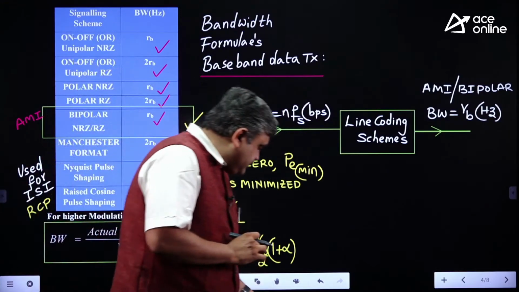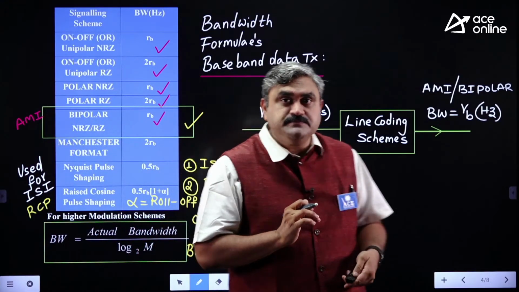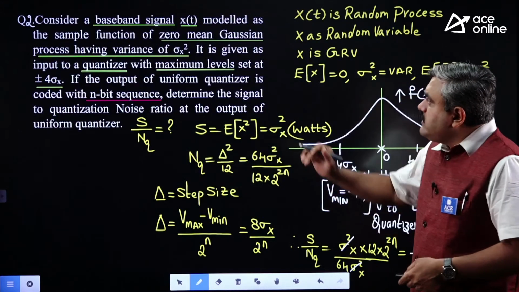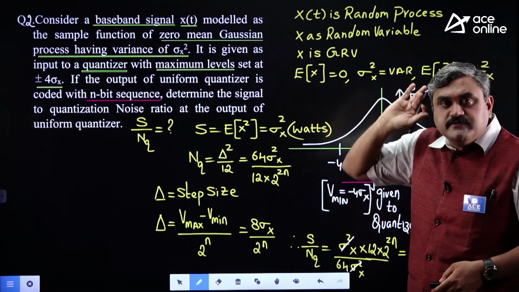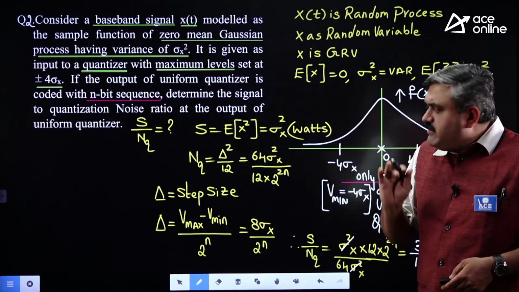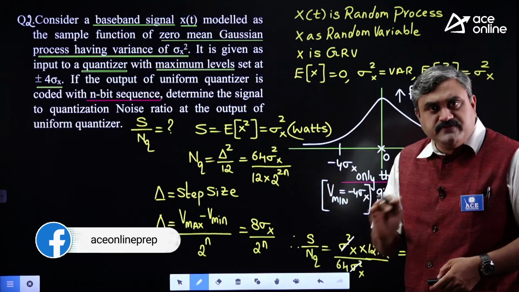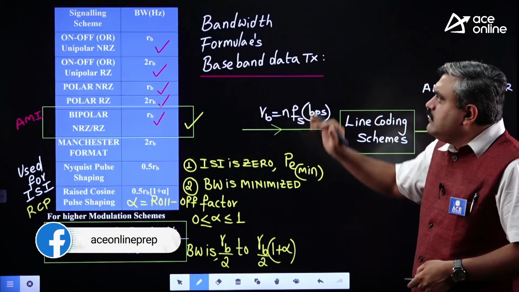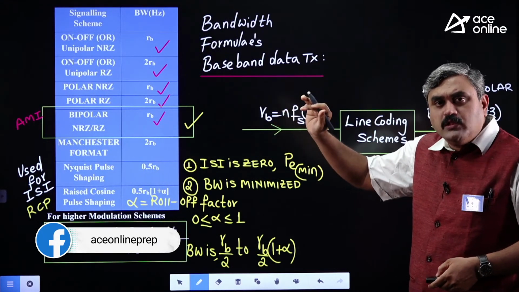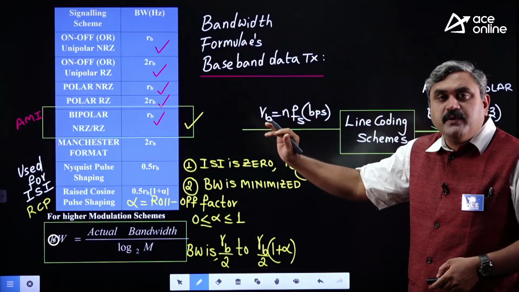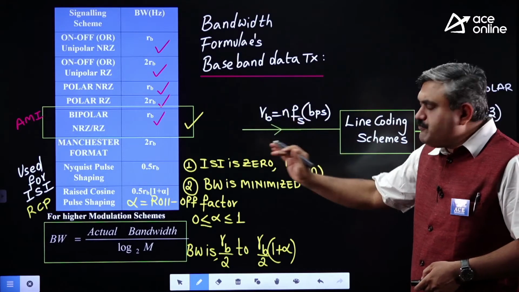So I have discussed just the formula with all these points. We got a problem related with baseband data transmission, a very good question which tells about the signal to quantization noise ratio of a PCM system, and formulas related with all the bandwidths for baseband data transmission, different types of pulses.